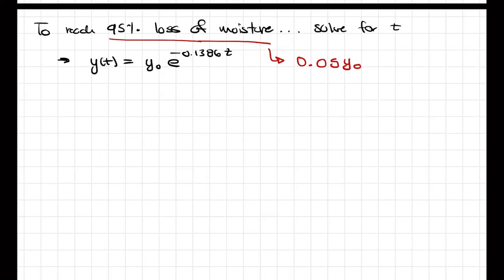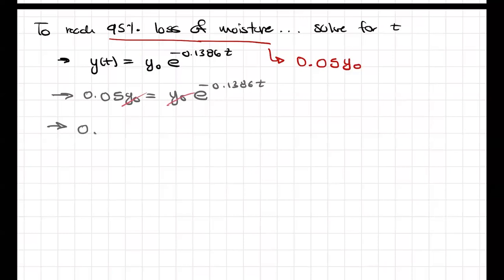So if we have 95% loss of moisture, or basically 95% dry, it means we have 5% wet, which is what we want. So let's apply those numbers and rearrange. We'll have 0.05 y naught equals y naught e to the negative 0.1386 times t. We have y naught on both sides, so it can cancel out.